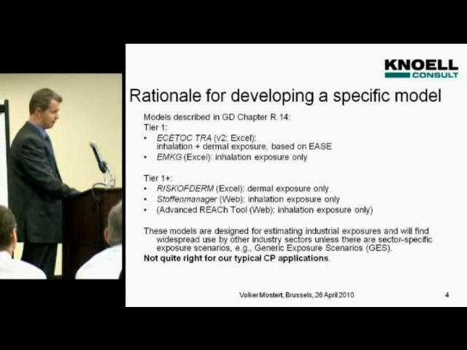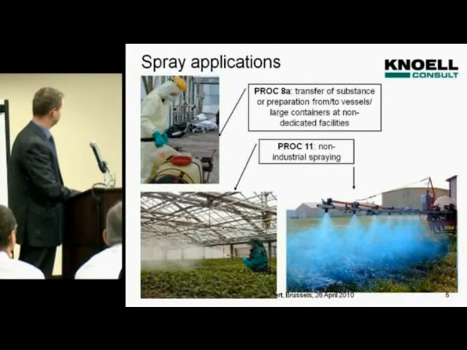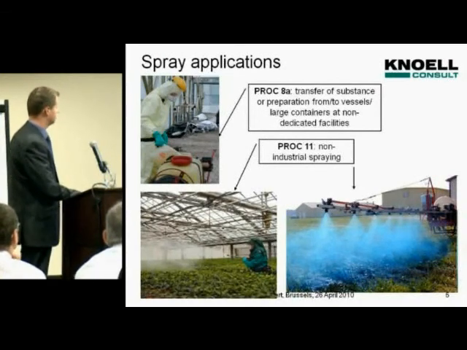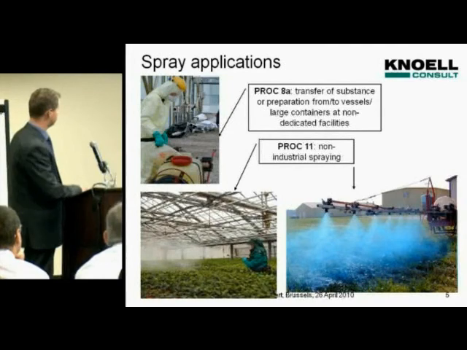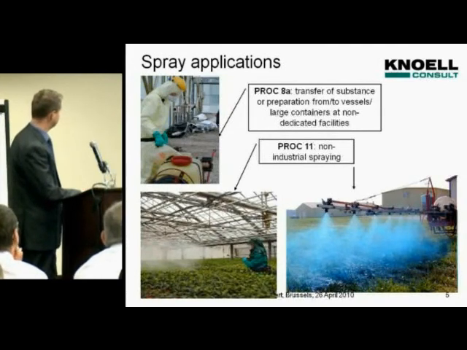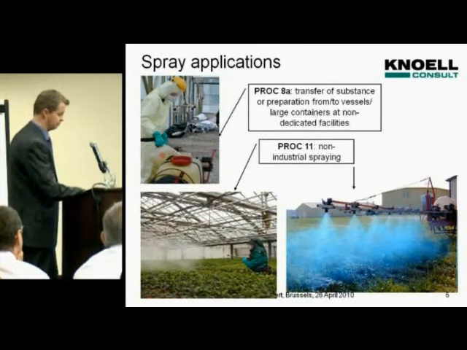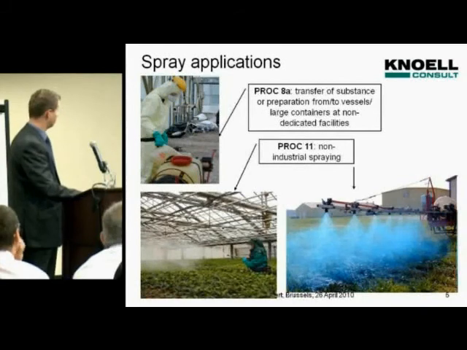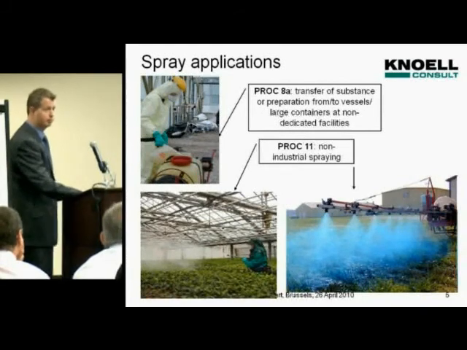If we think about typical crop protection applications, as people who have strolled through an agricultural area will know, this is what you basically see: mainly spray applications, and in preparation for the spray application you see somebody preparing a tank mix. If we want to pick up the REACH language, we have to use descriptors.